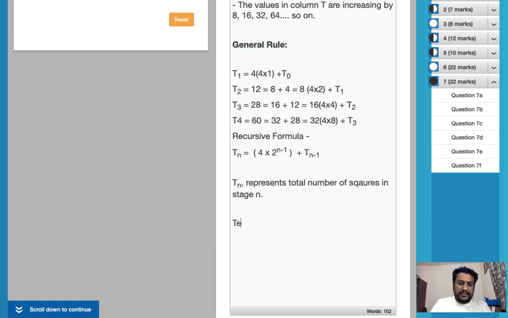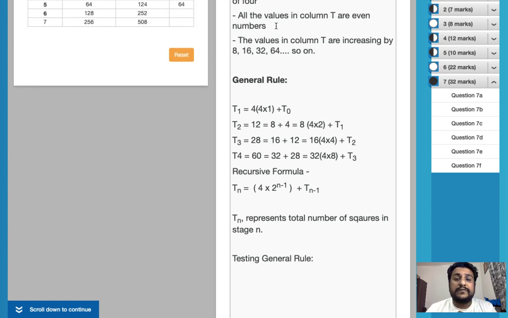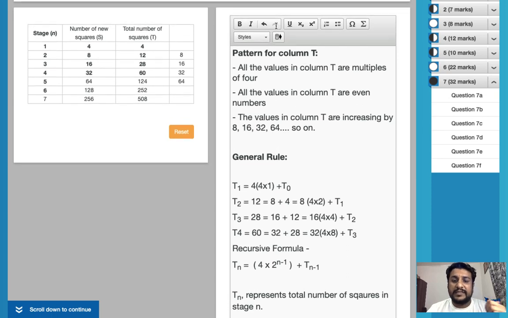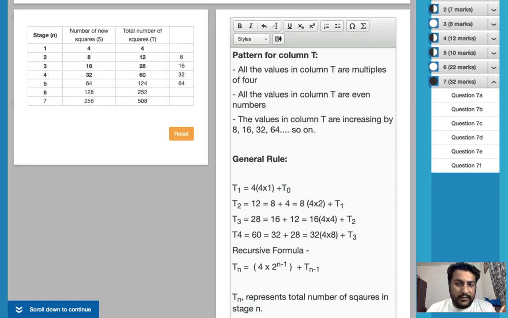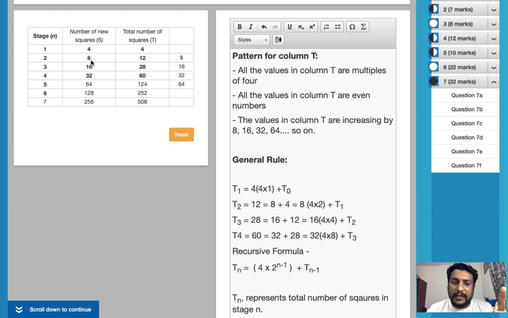Now comes our test. Testing the general rule. So I'll test my general rule. Always remember that there is a difference between test and verify. Please make a note that we test for the values which are already given in the table.